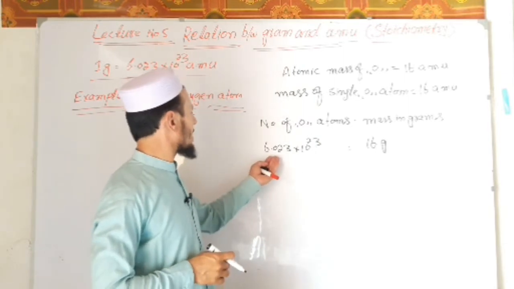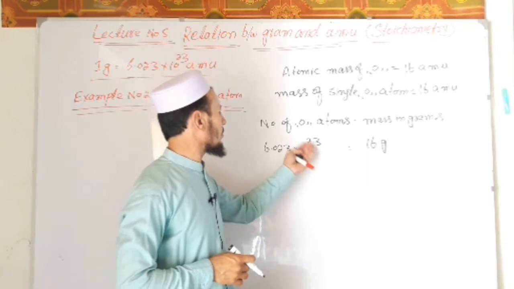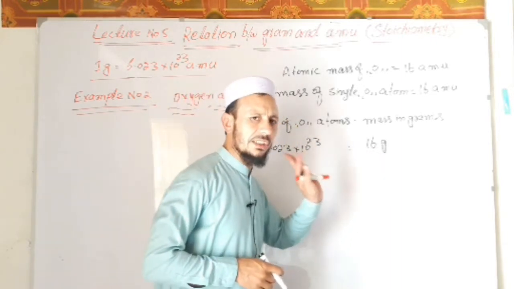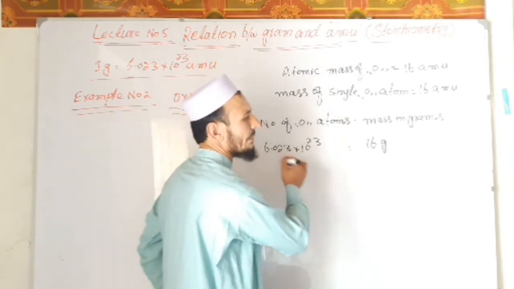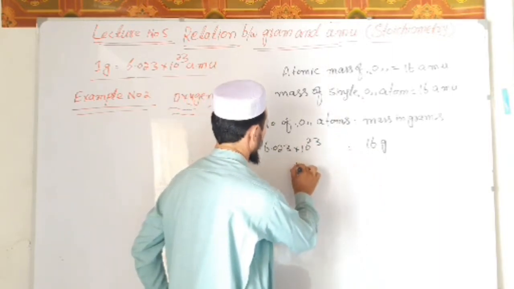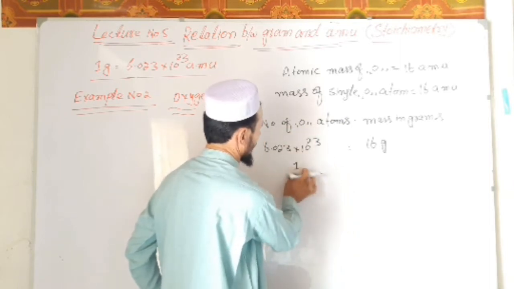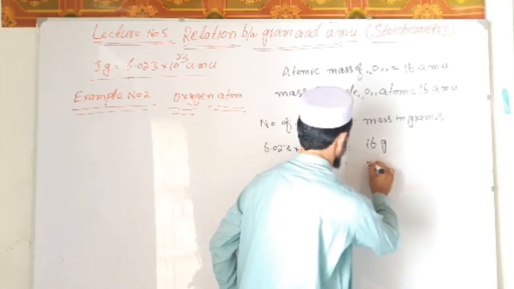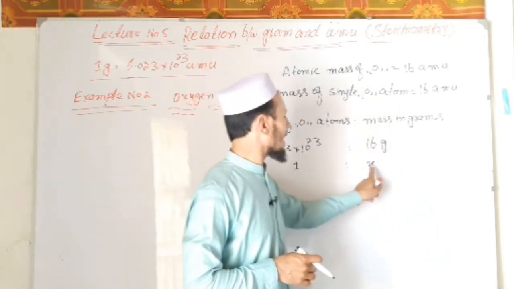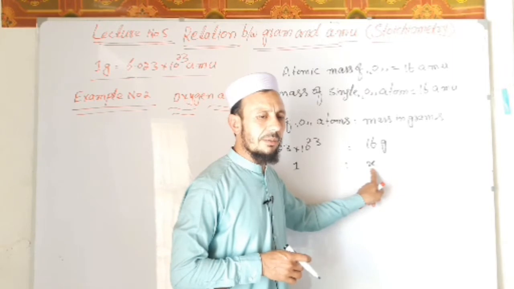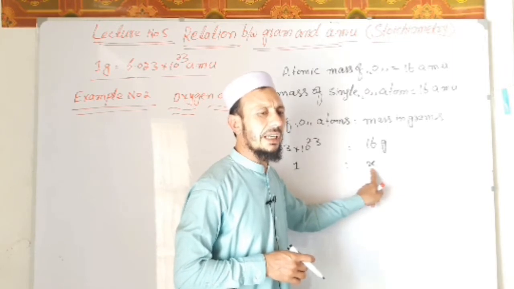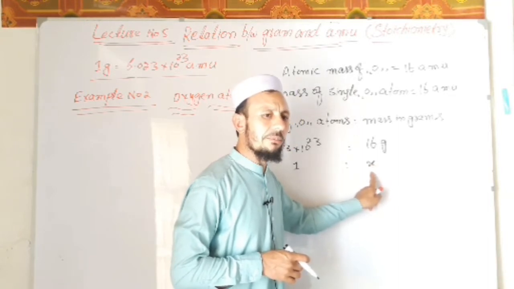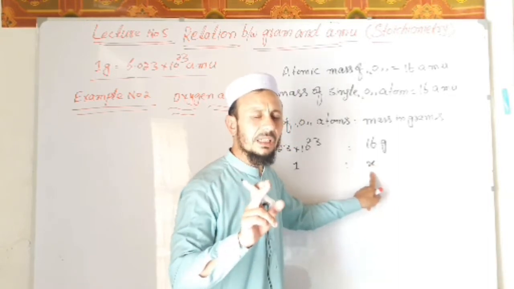Then what will be the mass of a single oxygen atom? If the number of oxygen atom is equal to 1, then the mass of this oxygen atom in gram will be equal to x. X represents the mass of a single oxygen atom in gram. If we calculate x, we will get the mass of a single oxygen atom in gram.